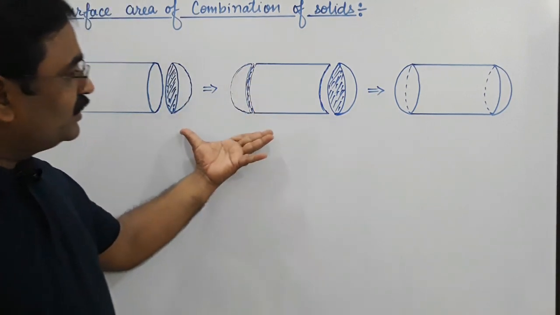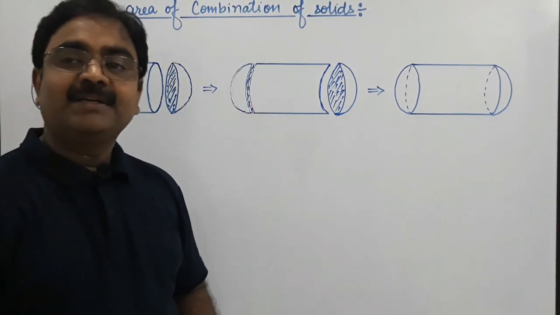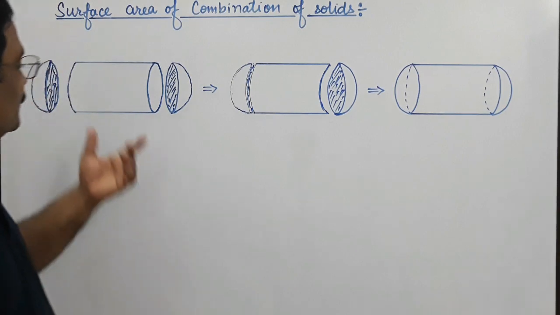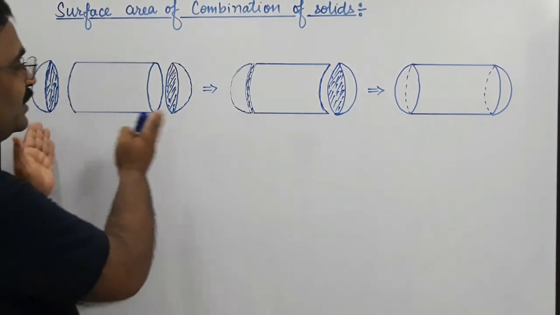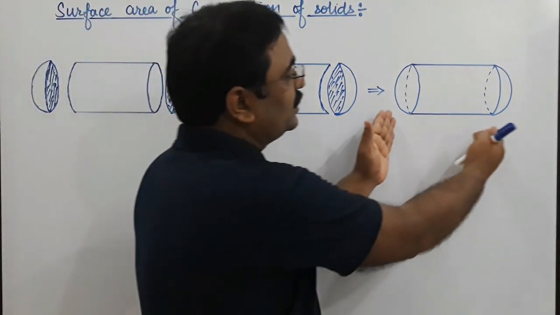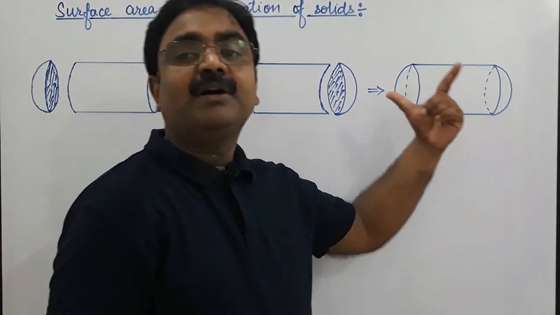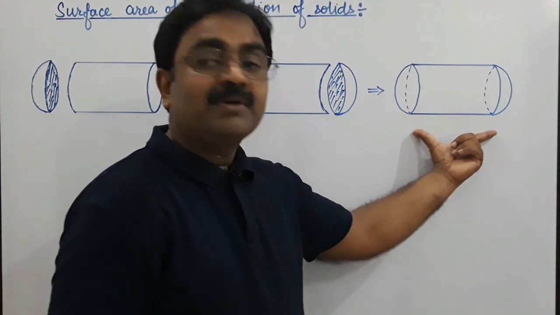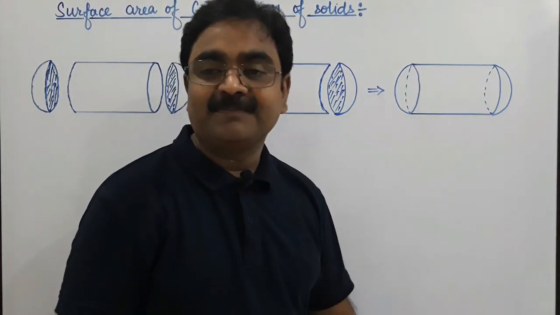In the figure you will observe that this solid contains 3 shapes, 1 cylinder and 2 hemispheres. When they are stuck to each other, you will get this shape. You can say it is a cylindrical container, or you can say this shape consists of a cylinder and 2 hemispheres.